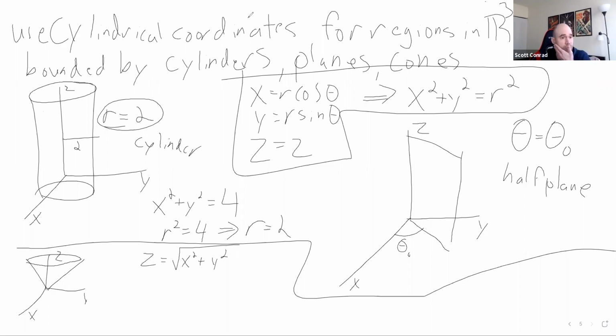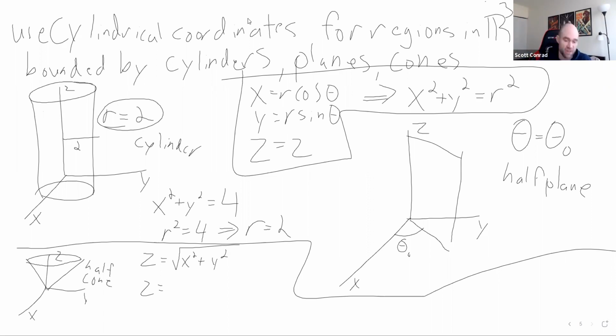And if we convert this to cylindrical coordinates, z stays z. What is square root x squared plus y squared in cylindrical? So x squared plus y squared is r squared.